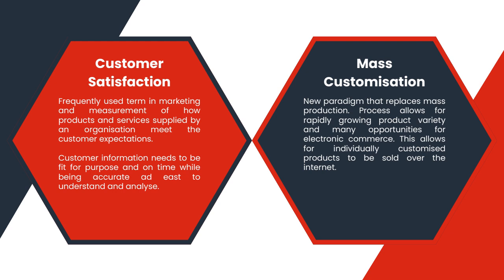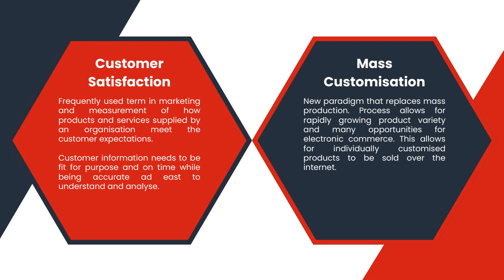And then we have mass customization. Mass customization is a new paradigm that replaces mass production. Mass production means producing items on a large scale. At this time, it's not really suitable anymore when you have customers that require more customized approaches.